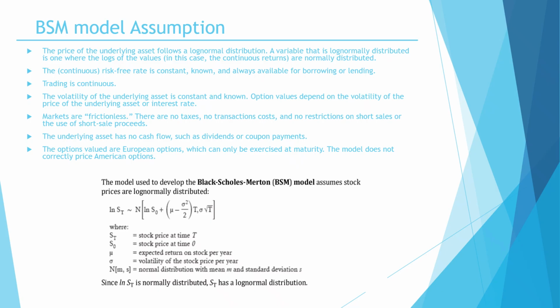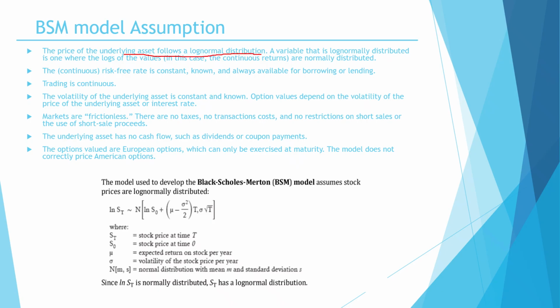So in this slide, I will explain to you the assumptions of the BSM model. The first assumption of the BSM model is that the stock prices follow the log normal distribution. I have already explained to you about the log normal distribution in the previous slide. This is the assumption of the BSM model, that the underlying asset follows the log normal distribution.